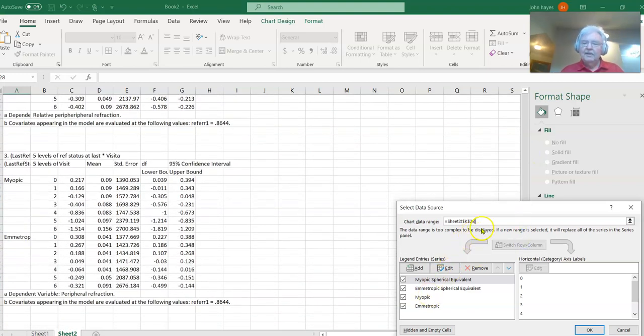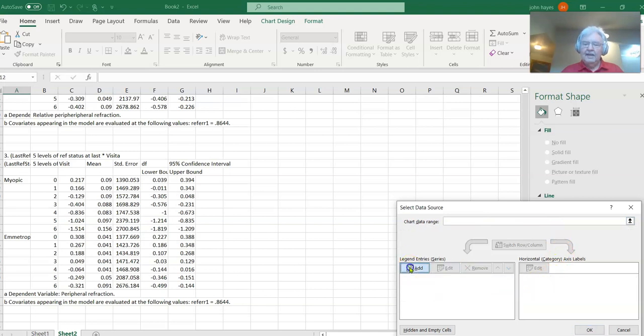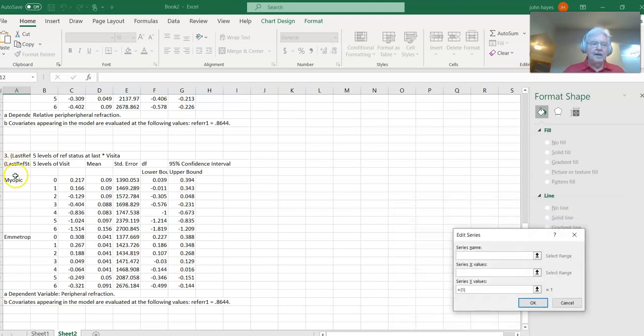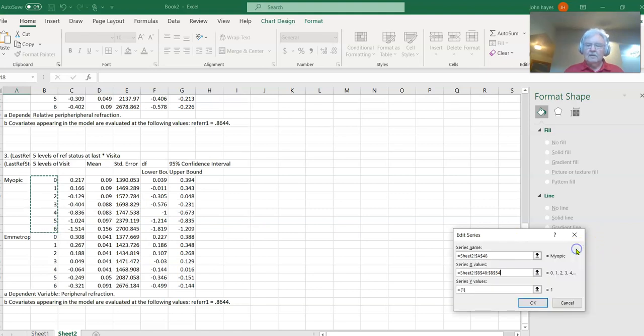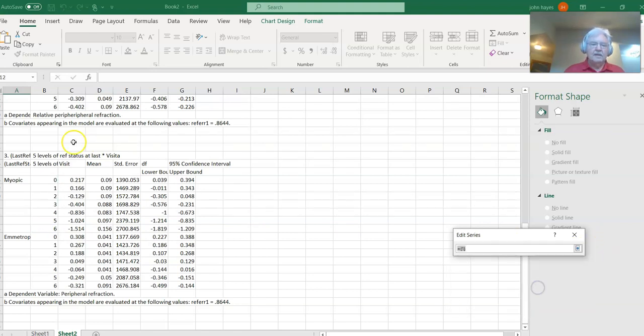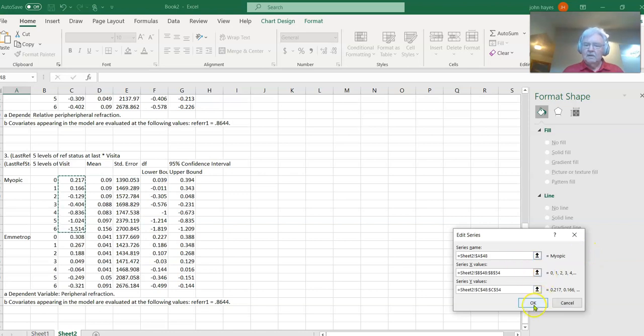Now we're down to add myopic. X value is 0 through 6, y is 6. Okay.